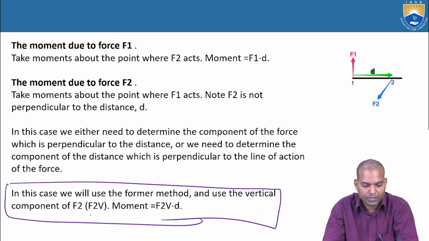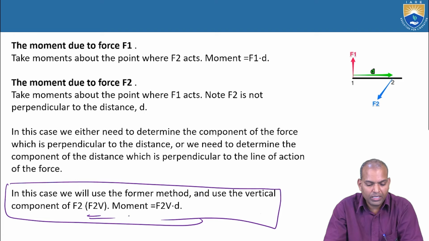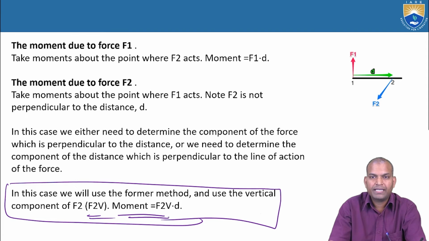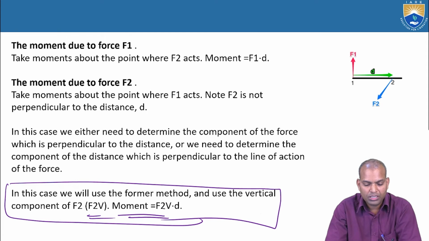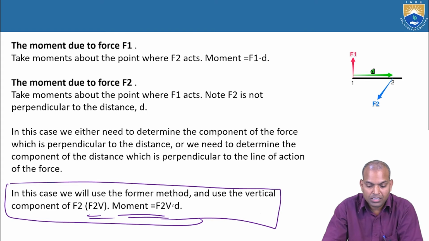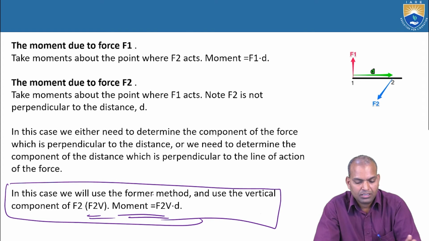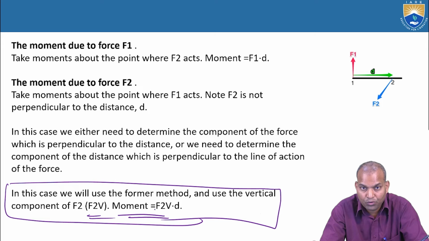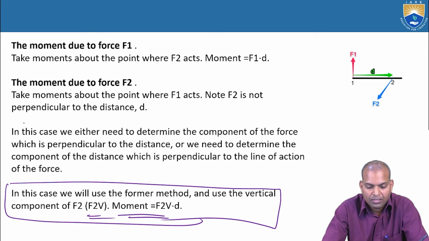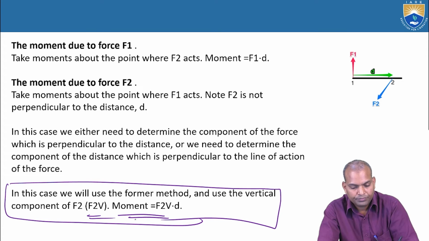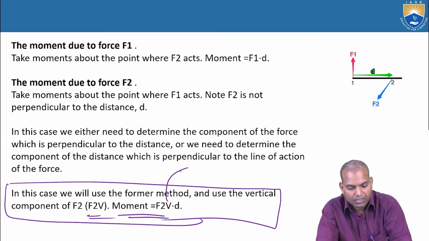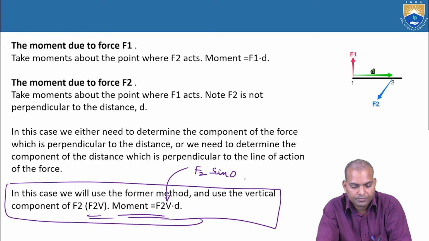So the moment caused by F2 equals F2V times D. Why is this so? Because F2 is not perpendicular to D. Now, F2V equals F2 times sin theta.